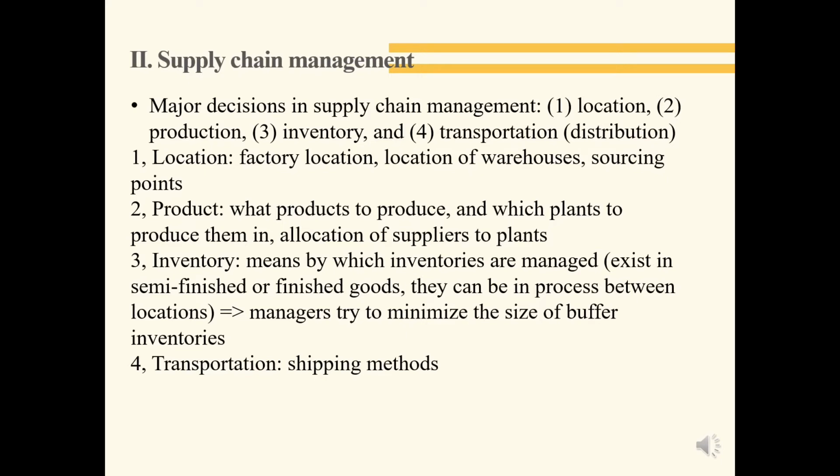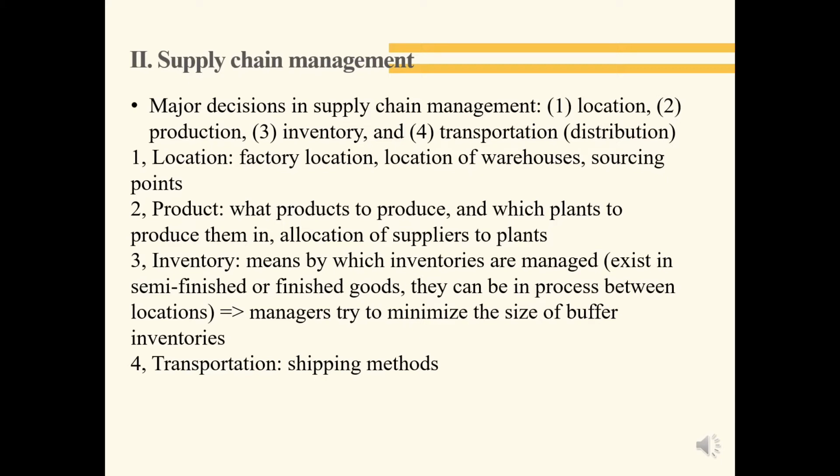The second one is production. They should decide what products to produce and which plants to produce them in, and the allocation of suppliers to plants.